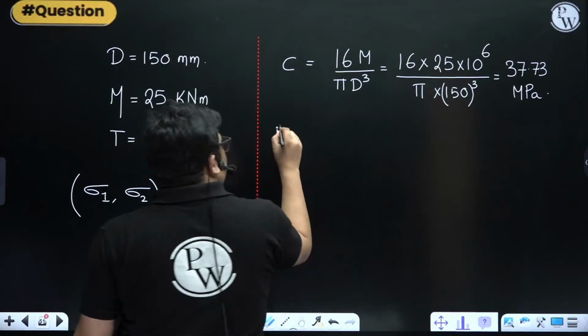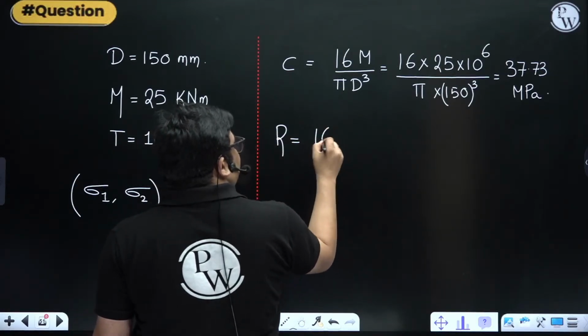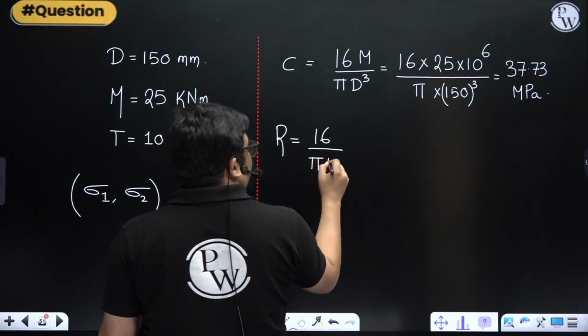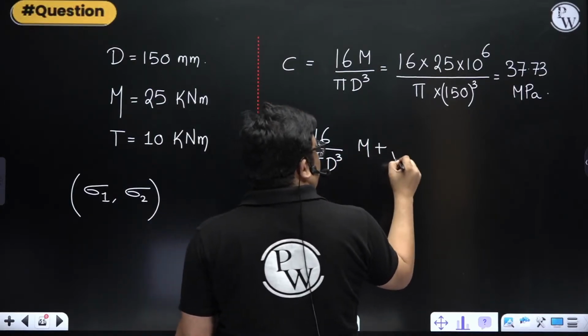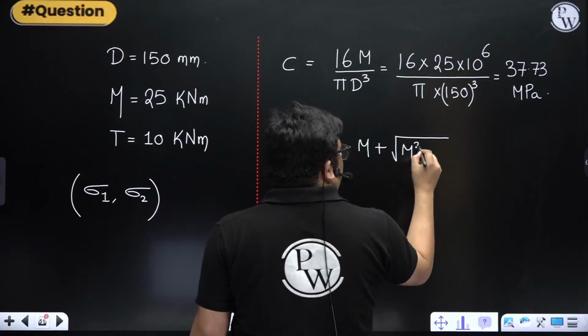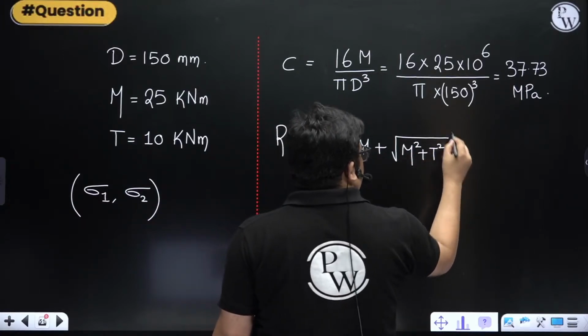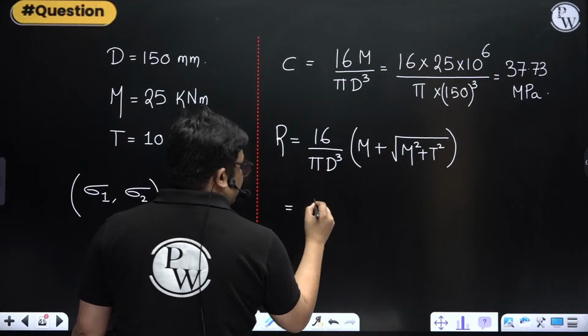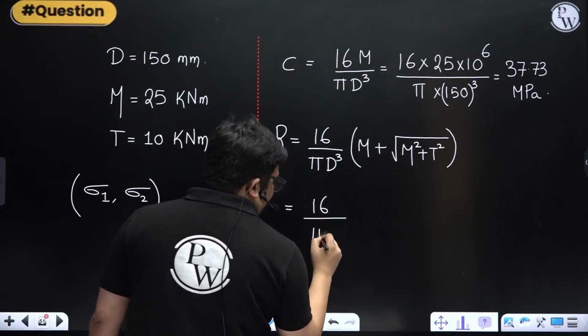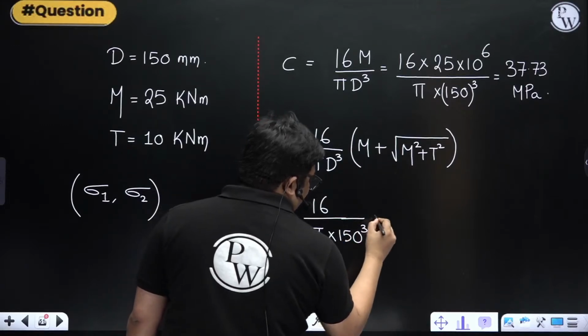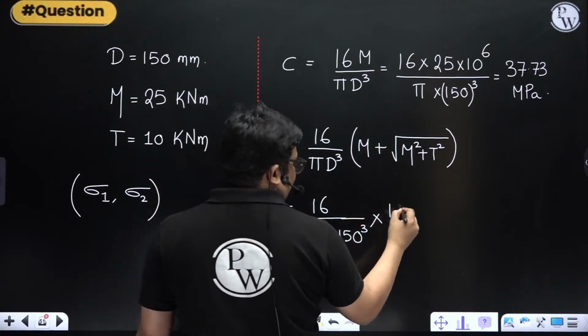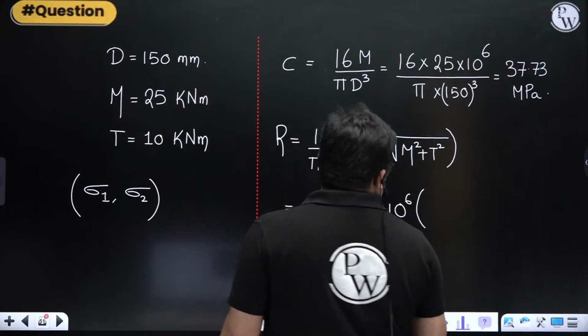Then what is the radius? Radius will be 16 by pi d cube, then M plus root under M square plus T square, right? Everything has 10 to the power 6, so I will take 10 to the power 6 common.